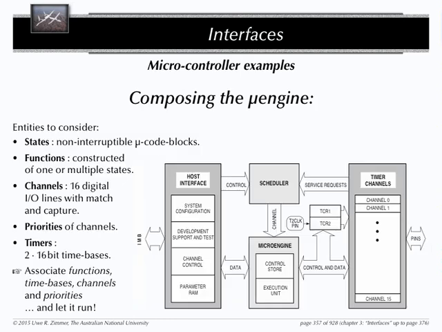Okay, next step. Now we have non-interruptible microcode blocks. Those are called states. Out of these states, I can build whole functions. And the last thing to do, I just have to associate these functions now with I/O channels and with the time bases I have available.